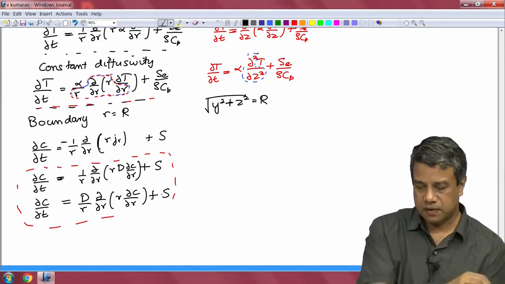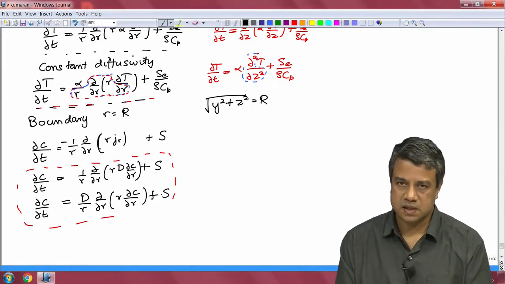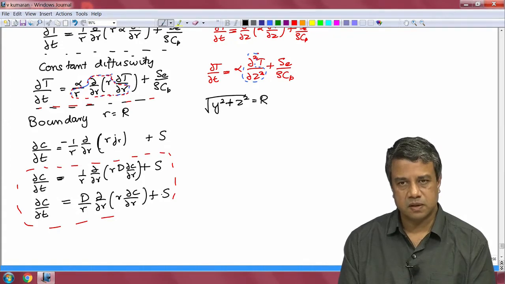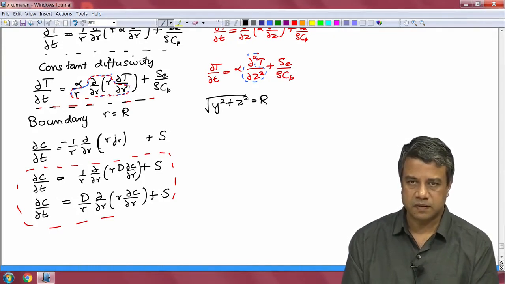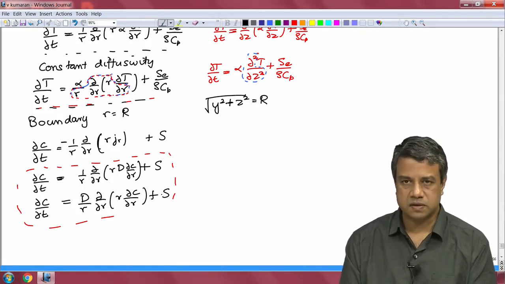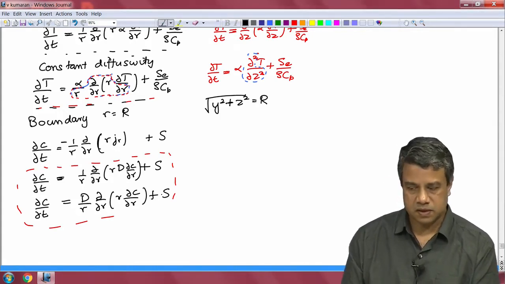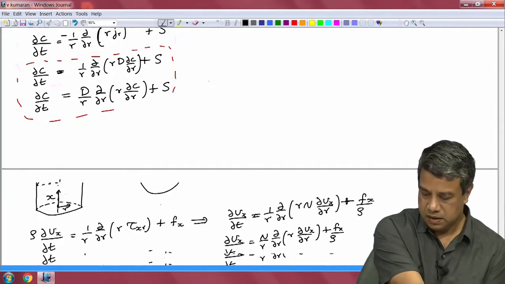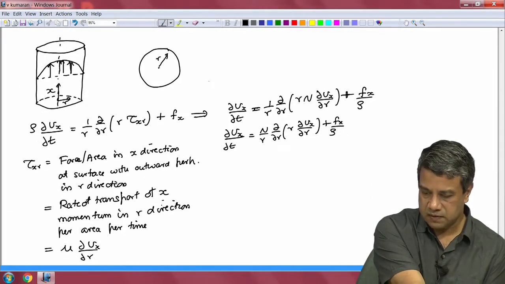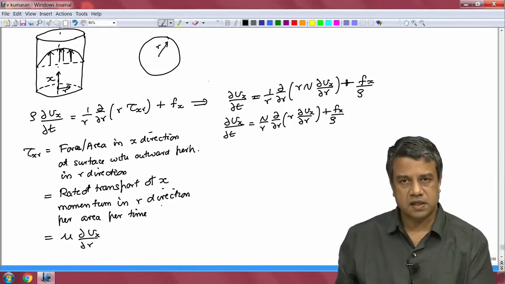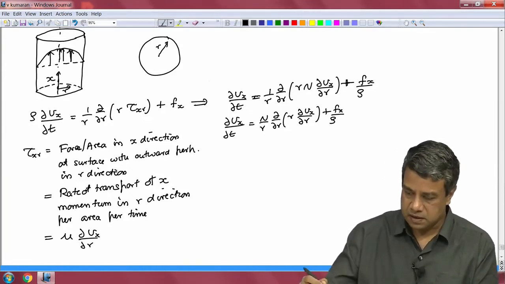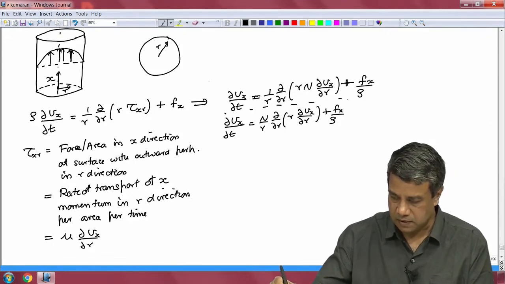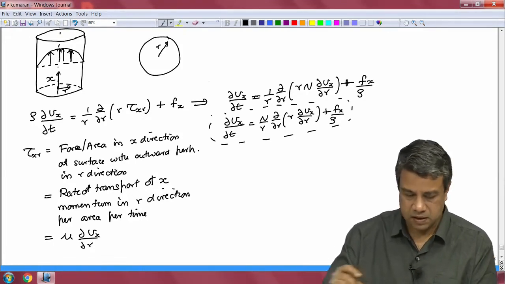Similarly, we had got the concentration equation, and it is exactly the same. Substitute concentration for temperature, mass diffusivity for thermal diffusivity, and the mass source for the energy source divided by rho Cp. And I told you that for an axial flow, where the flow is along the x direction, where x is the axial direction, the differential equation is identical to what we had for mass and energy.